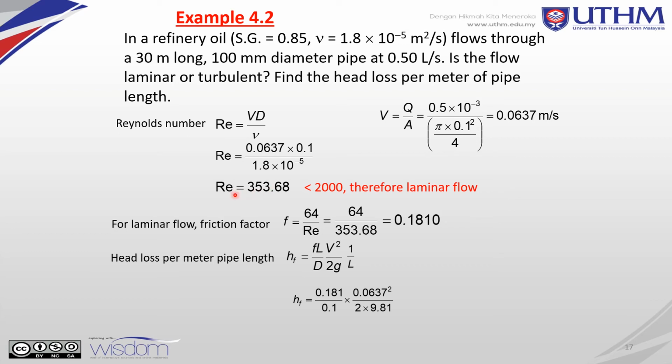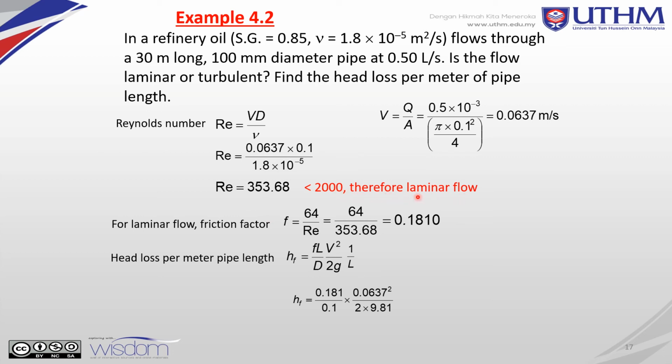After you get the Reynolds number, you must find the velocity in this pipe. Velocity is equal to Q over A, so we get the velocity 0.0637 meter per second. After that, we use F is equal to 64 over RE, because this is laminar.